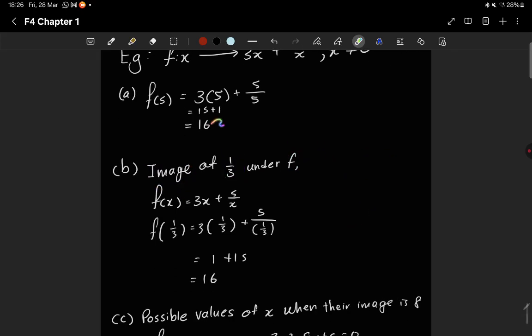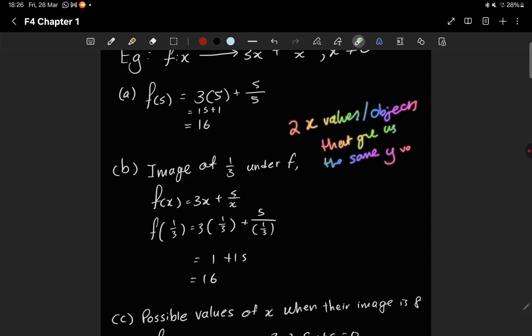Now, one interesting thing about this is you realize that there are two x values or objects that give us the same y value or image.